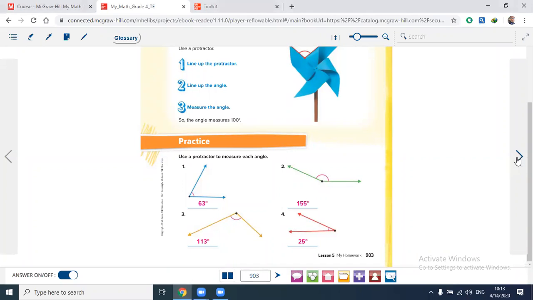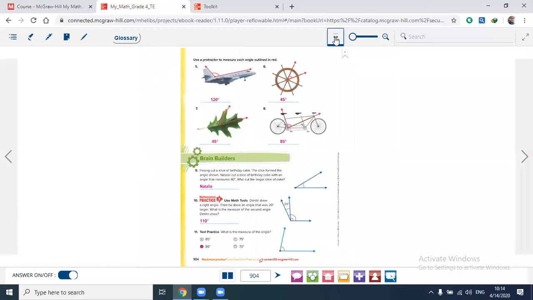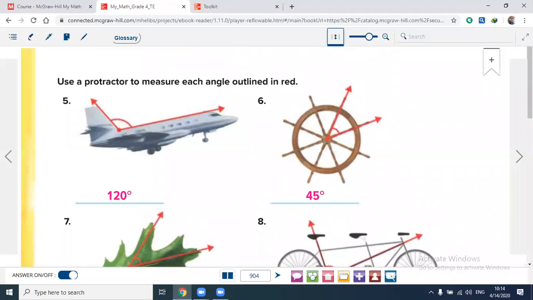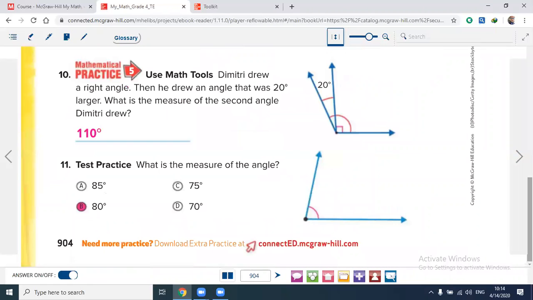Next page, number 11, common in the SBS homework. Test practice is common in SBS online homework. The last one only, number 11, which is the measure of the angle.